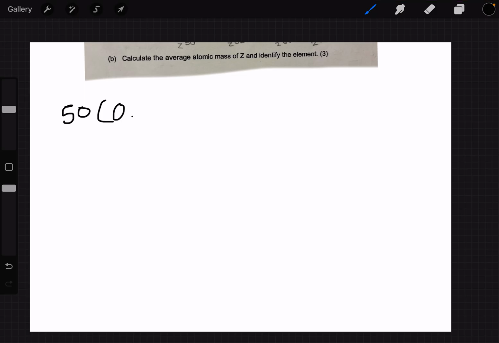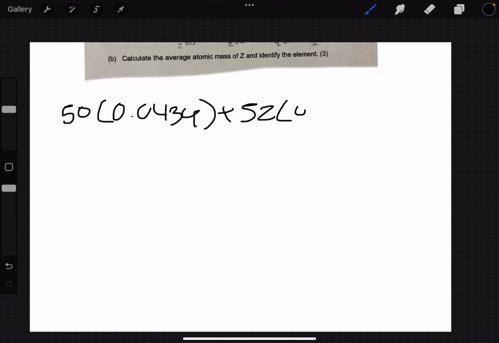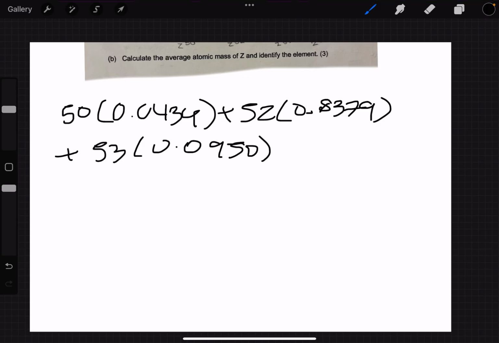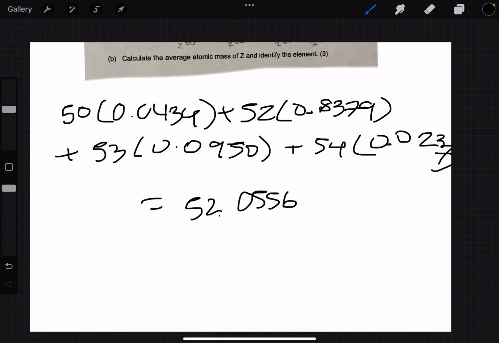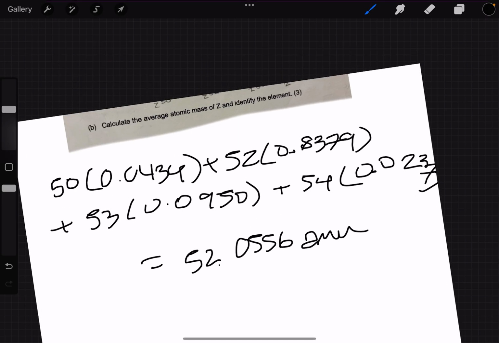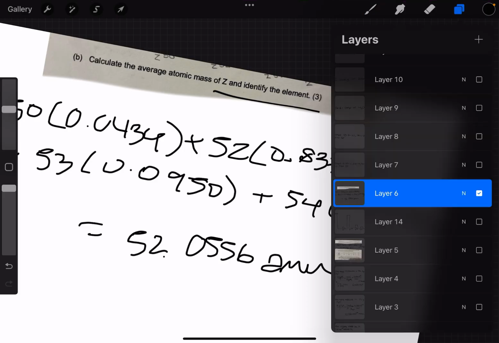So 50 times 0.0434 plus 52 times 0.8379 plus 53 times 0.0950 plus 54 times 0.0237. And once you multiply and add them all up, you get 52.0556 AMU. And then you need to identify the element. Just go to the periodic table and look for it there.